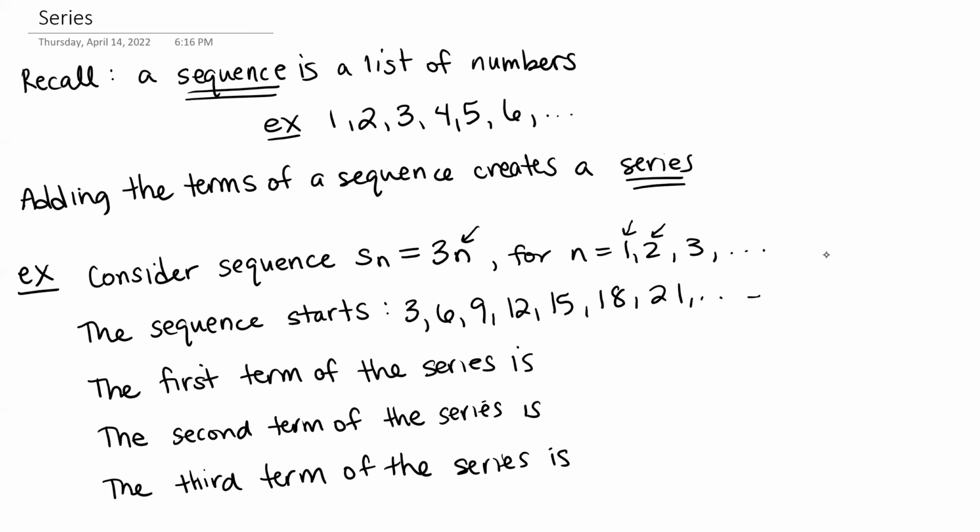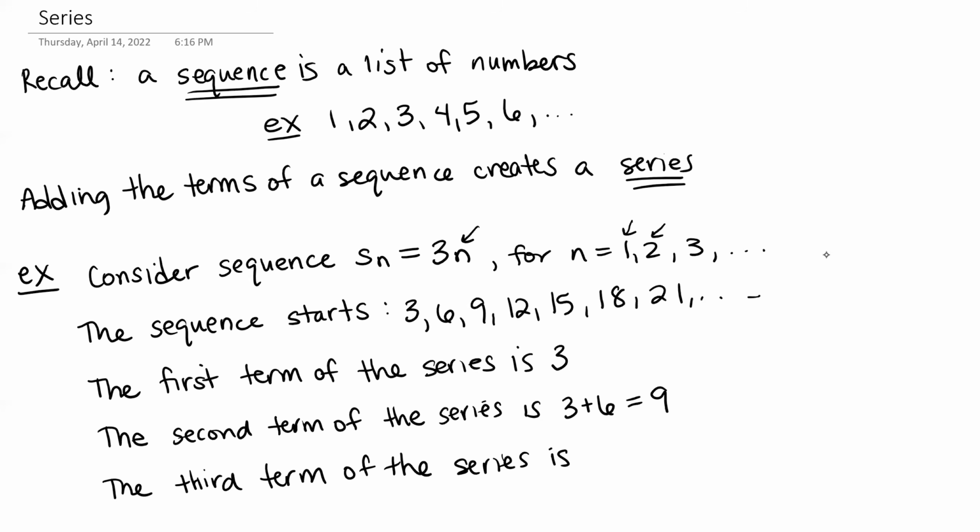Okay, so now that we know the terms of our sequence, let's add them up to get the terms of our series. The first term of our series is this right here. It's just 3. The second term of the series is the sum of our first two terms of the sequence. So we take 3, we add 6, and we get 9.